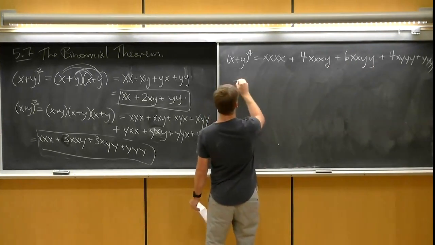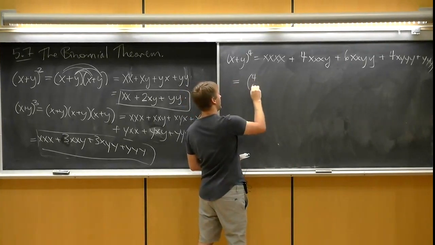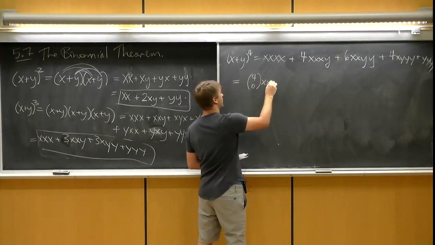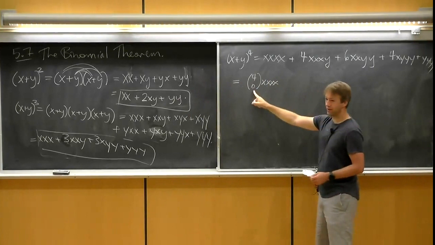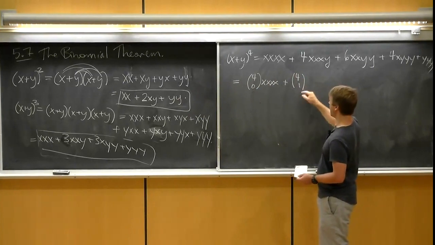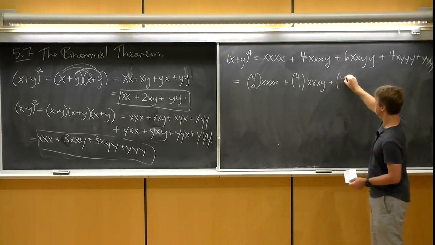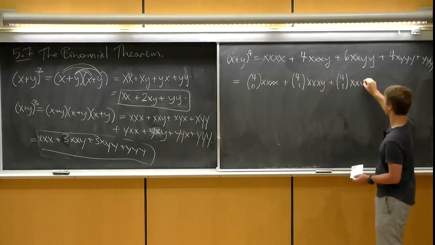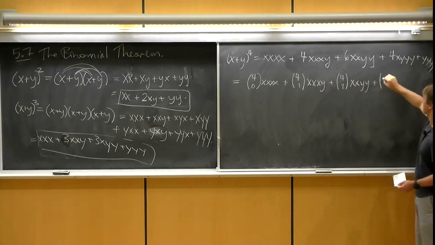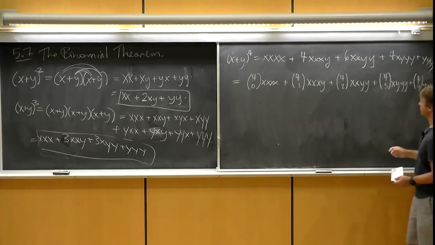If you compute 4 choose 0, it's equal to 1. 4 choose 1 is equal to 4. 4 choose 2 is 6. 4 choose 3 is 4. Sorry, and 4 choose 4 is 1. So that's where these coefficients come from.